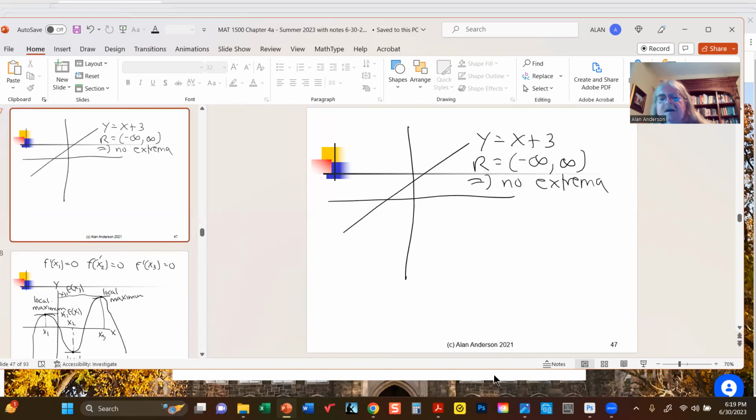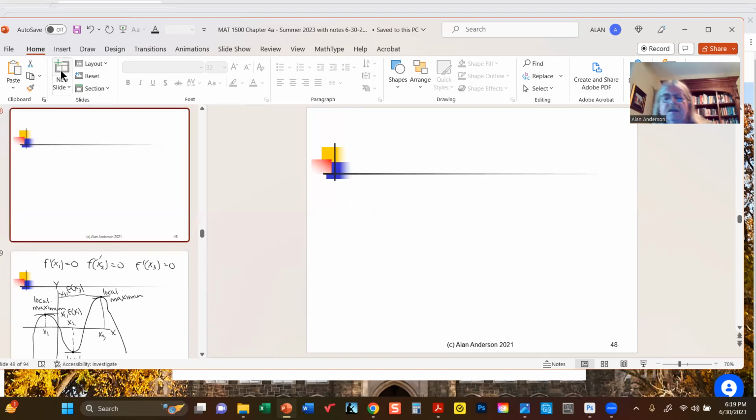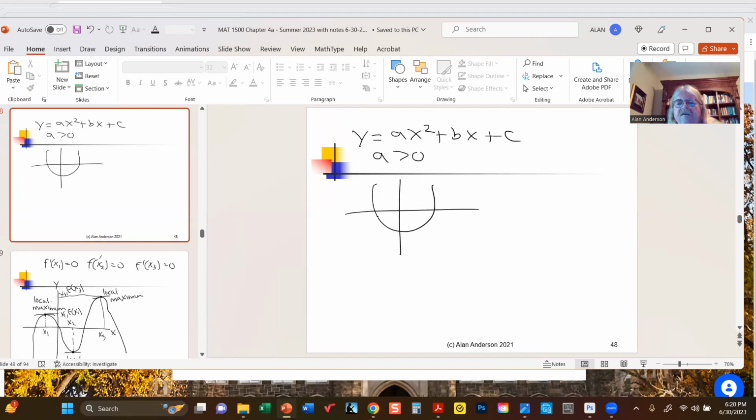Now, how about this case where we have, let's say, a parabola? You might recall that a parabola is the graph of a quadratic equation. And if a is positive, then the parabola faces up. If a is negative, then it faces down.